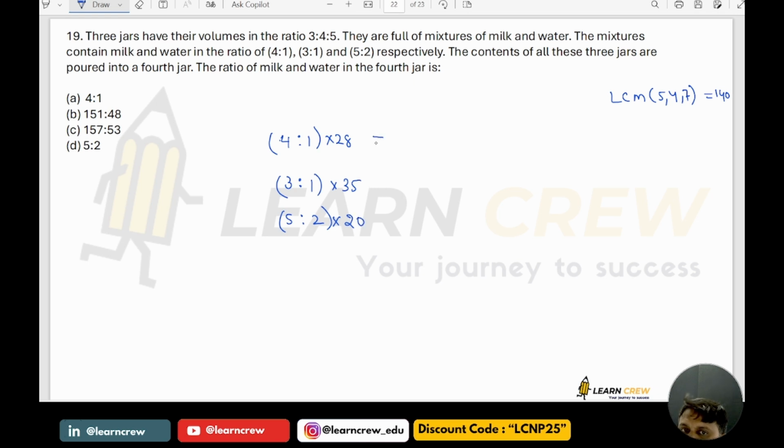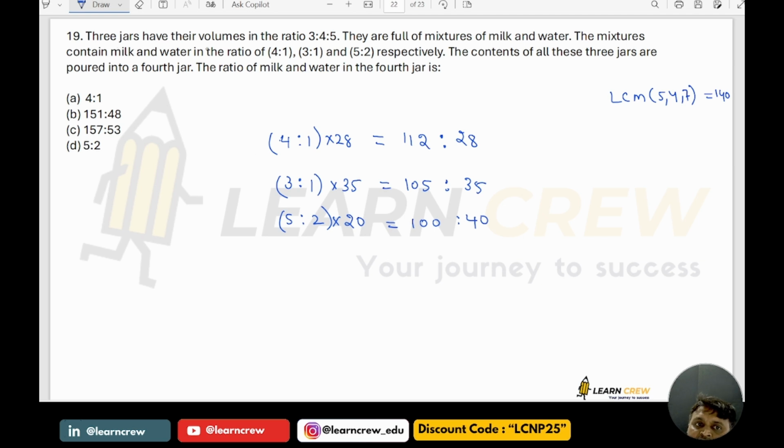Thereby I am going to get 28 into 4, which is 112, to 28. 35 into 3 is 105, to 35. 20 into 5 is 100, to 40. So now each has 140, 140, 140.